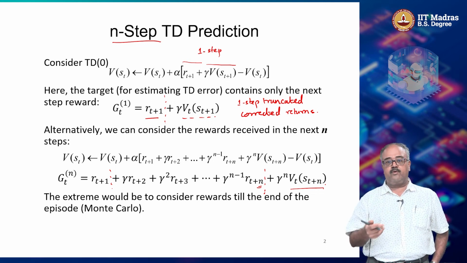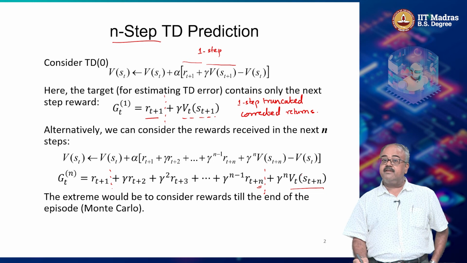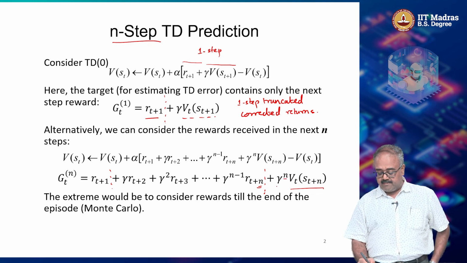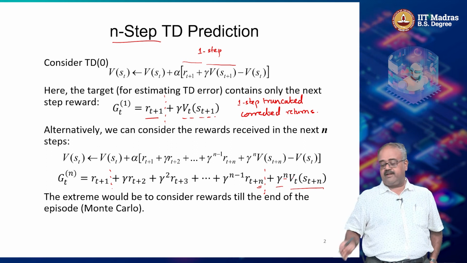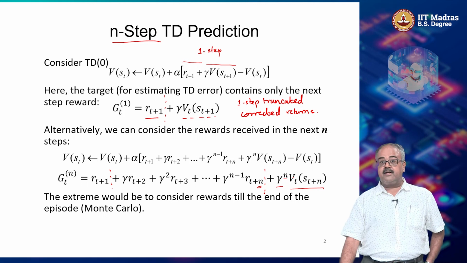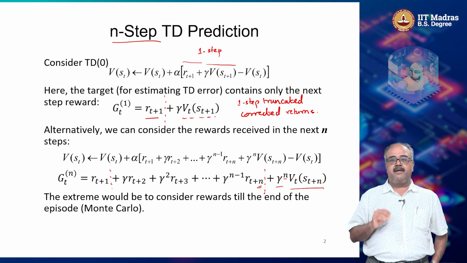We will use the value function of that state and discount it by gamma to the power n. Why? Because that is that much far into the future.